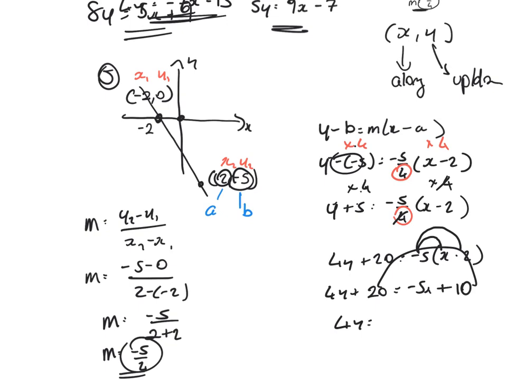Bring the plus 20 across to the other side and change its sign: change side, change sign. 4y equals minus 5x plus 10 minus 20. And tidy it up: 4y equals minus 5x minus 10.